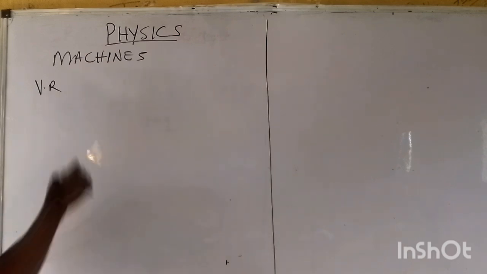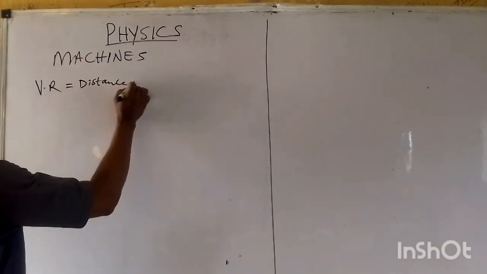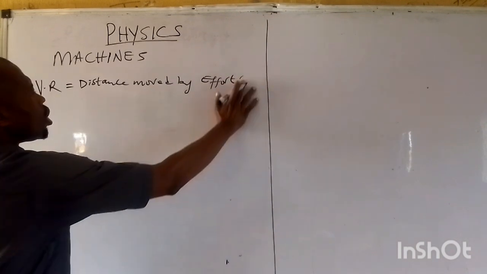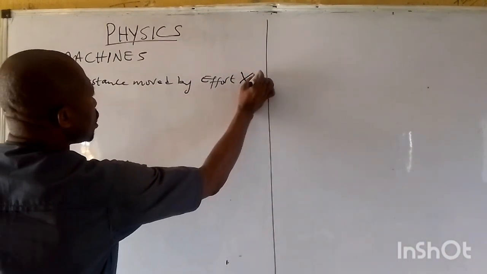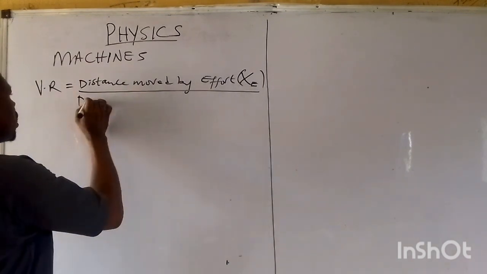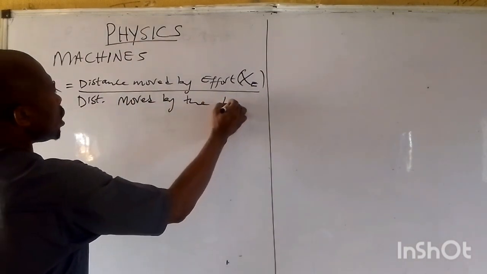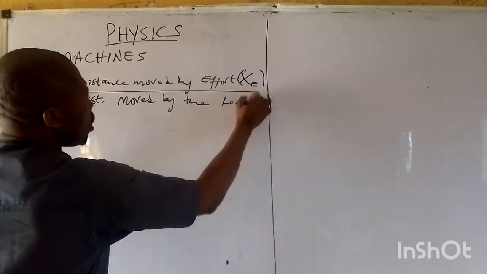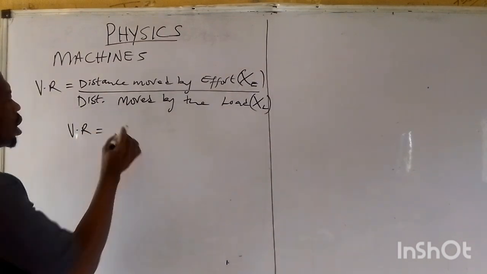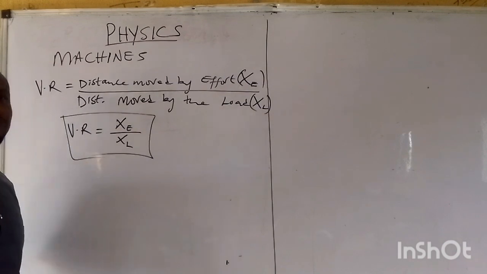Velocity ratio is the ratio of the distance moved by the effort, XE, to the distance moved by the load, XL. In other words, velocity ratio is the distance moved by the effort divided by the distance moved by the load.